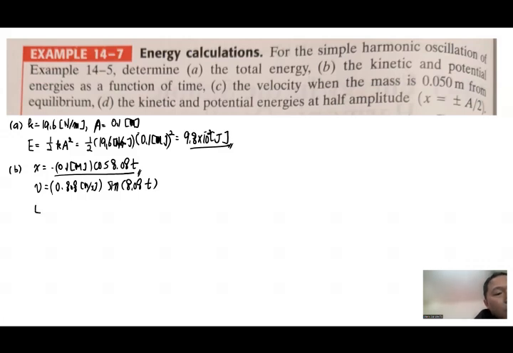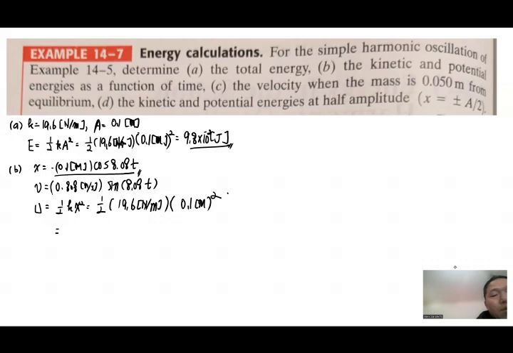So U, potential energy, is 1/2 k x squared per its definition. So that is 1/2 times 19.6 Newton per meter, and x is what? 0.1 meter maximum, so that is 0.1 squared.